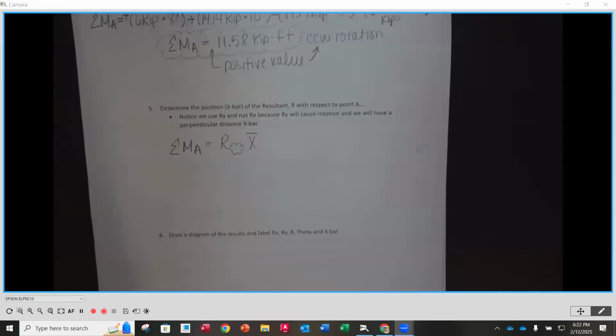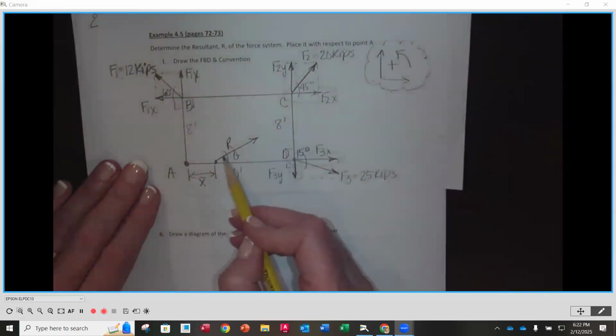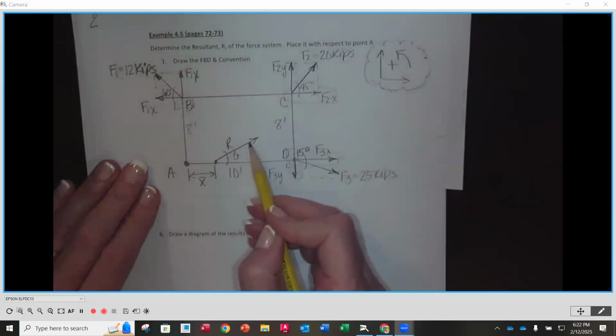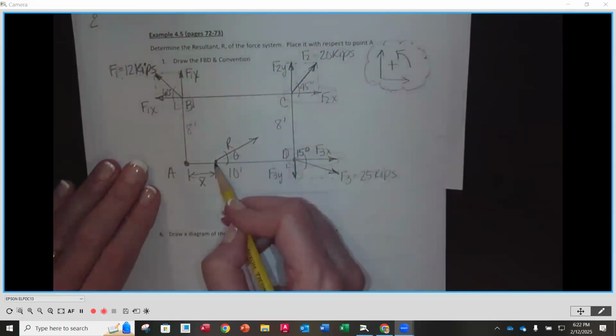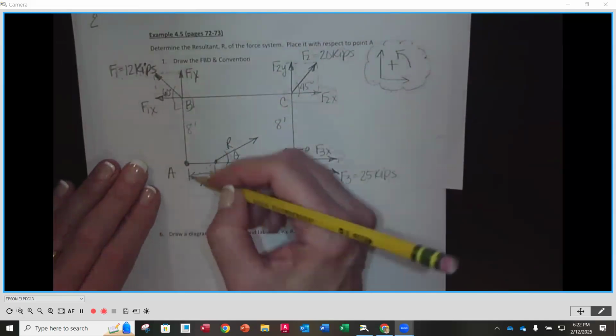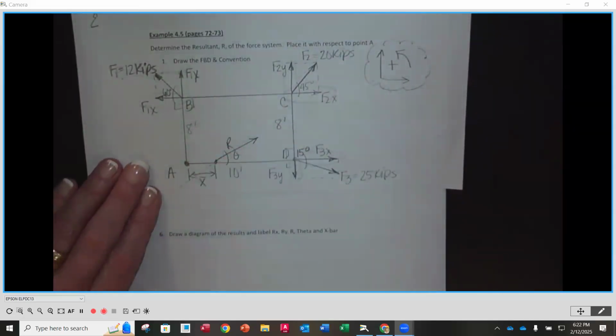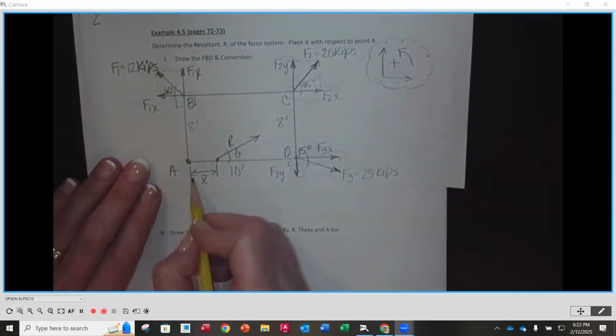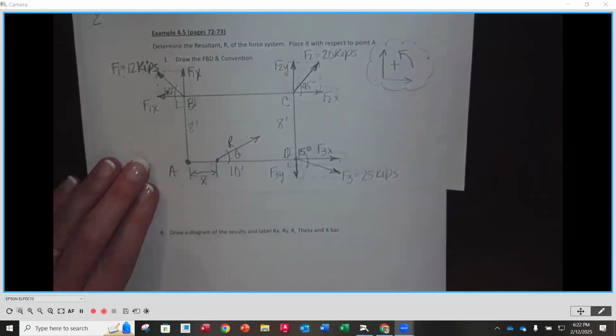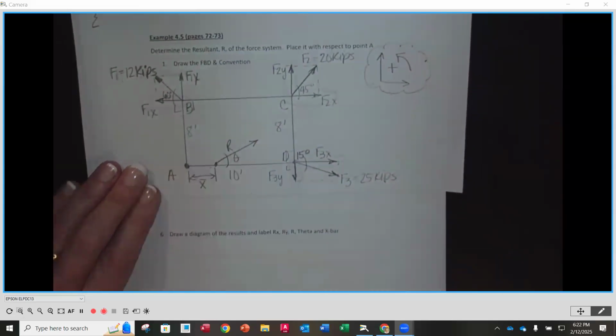Now, if we look at the resultant, the resultant is acting at an angle, right? So we would have to push this along its line and find the perpendicular distance, but that's not what they want. They want to know how far away from A along that line would we place the resultant. So we're not going to do any of that business, okay?